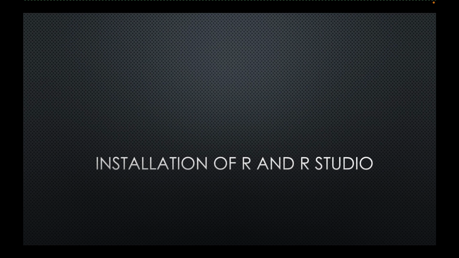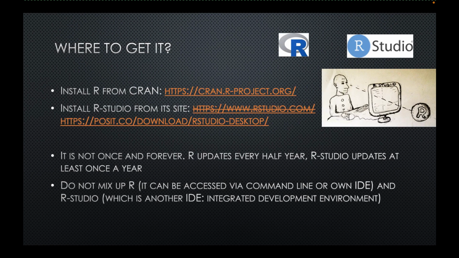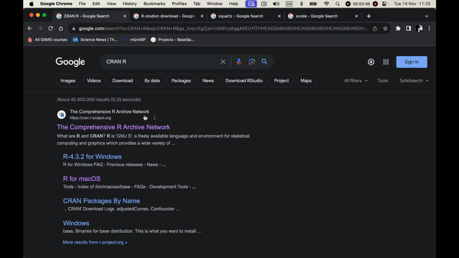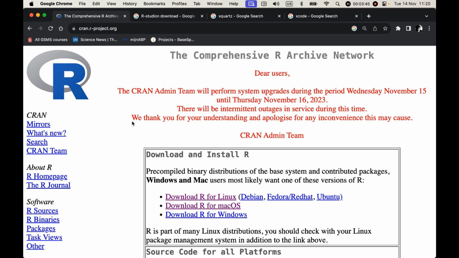But before that, you have to install all this stuff. First things first, you have to find R and then RStudio. If you type CRAN R, you will get this result, the Comprehensive R Archive Network. And then these are immediately the links for what you would install depending on your laptop.